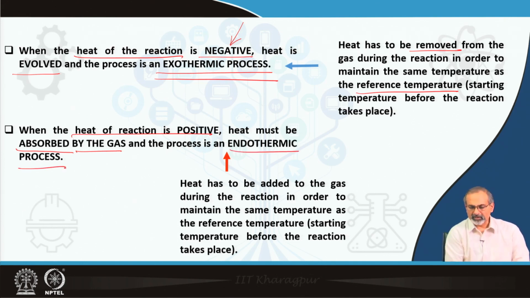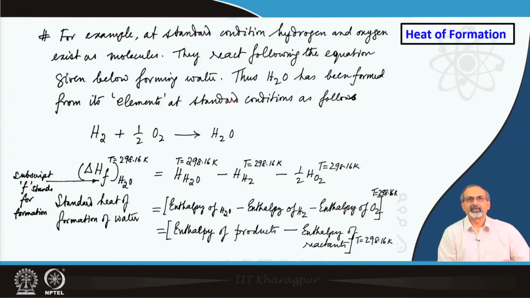So, if you do not allow that heat transfer, then it will not be able to maintain the reference temperature, it will drop below that. In order to ensure that it does not happen, you provide heat to the gas. So, exothermic and endothermic reactions therefore have the respective negative or positive signs as they may apply based on these definitions, which are very, very important.